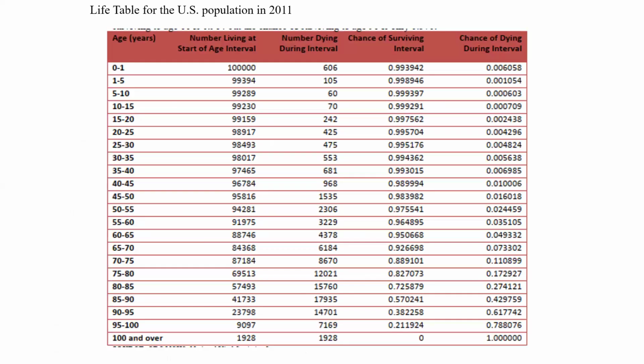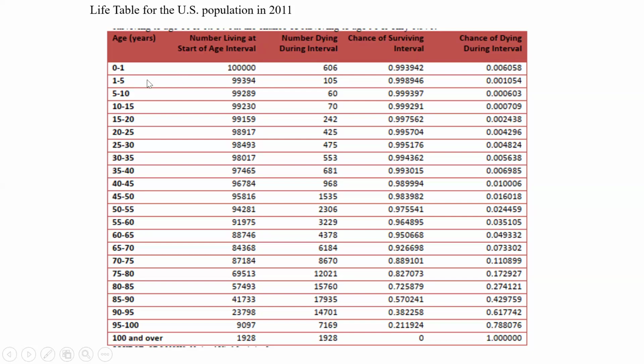So here is a table, right? A table of survivorship, where we have the age, the number living at the start of the age interval, the number dying during the interval, the chance of surviving the interval, and the chance of dying during the interval.